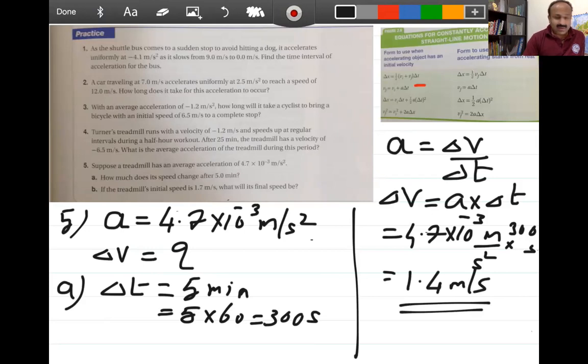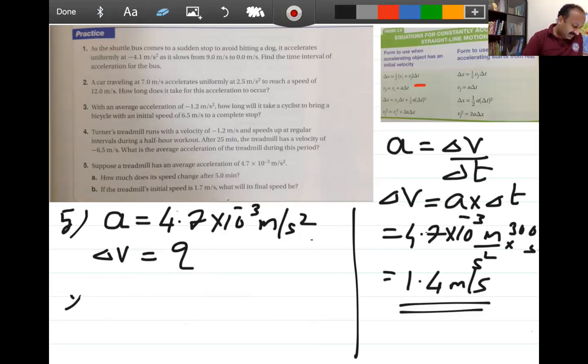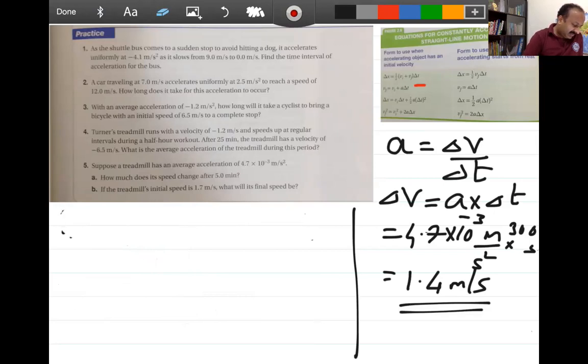Initial speed is 1.7 and I'm going to erase the left hand side, okay. So in B part, they're asking if the treadmill's initial speed, so Vi is 1.7 meter per second, what will be its final speed?